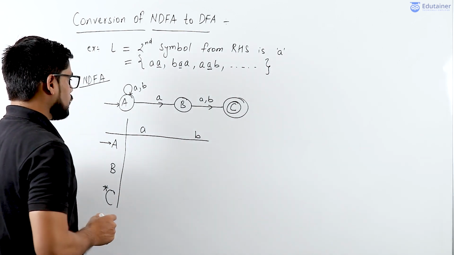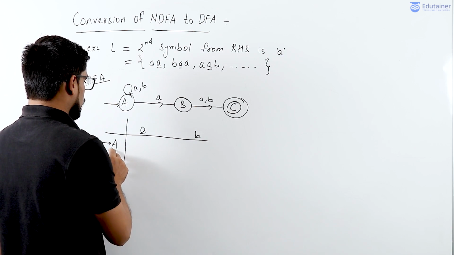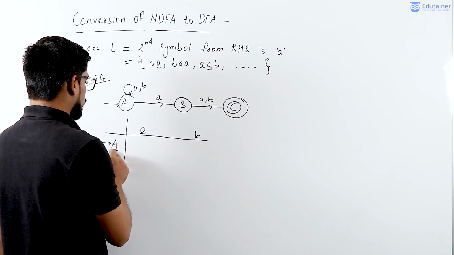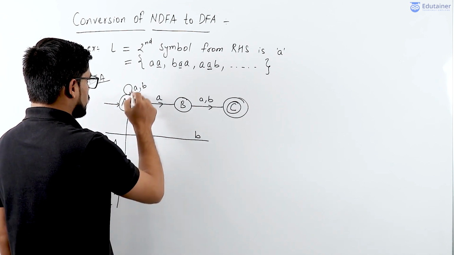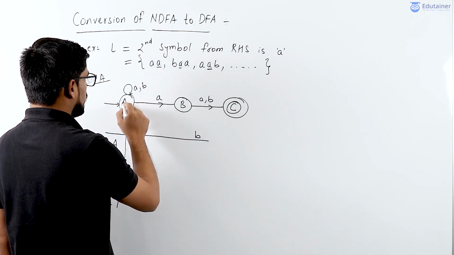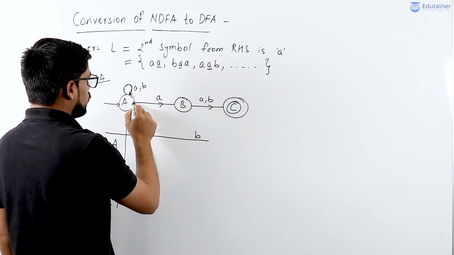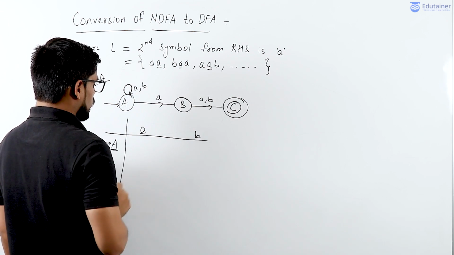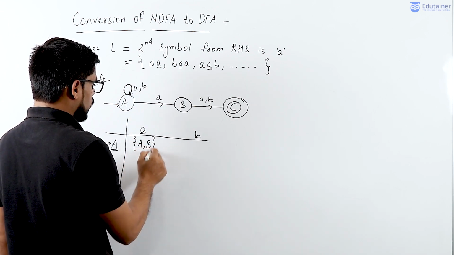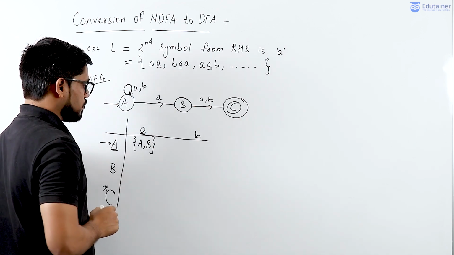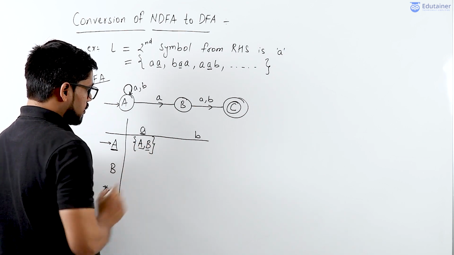Now for input alphabet small a, on state capital A, if you see A, you will go either to capital A itself or to state capital B. So here there are two states, A and B, for input small a, and we represent them in curly braces.